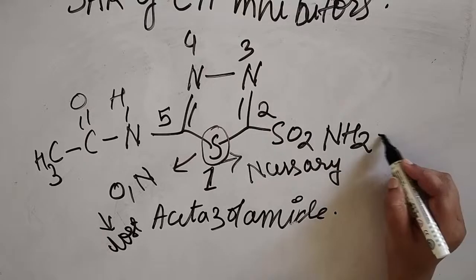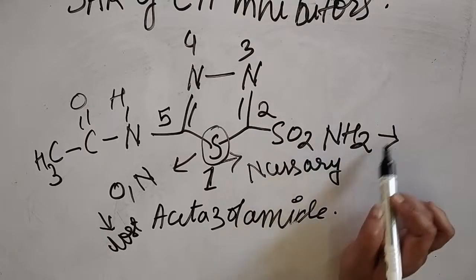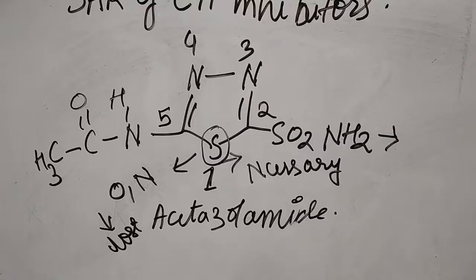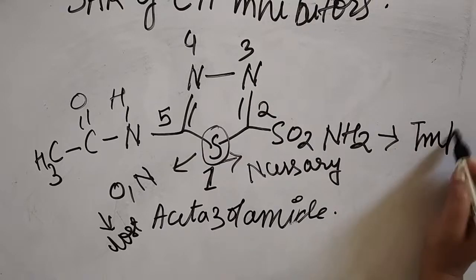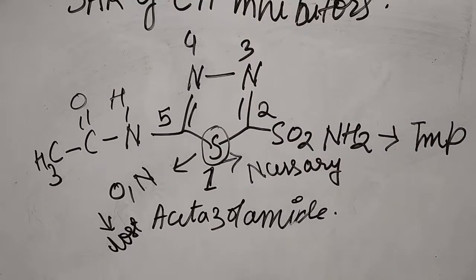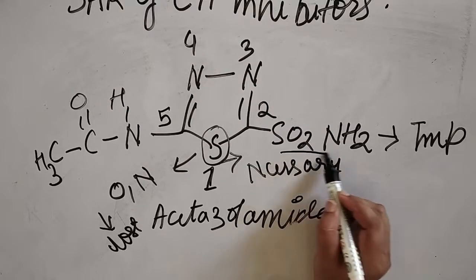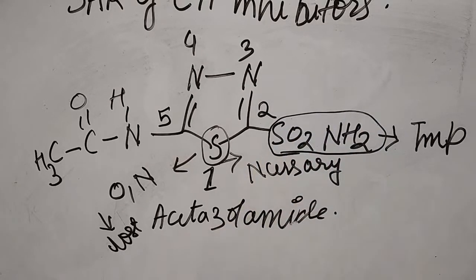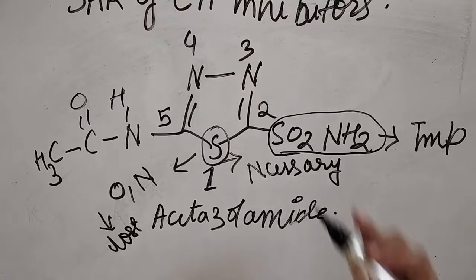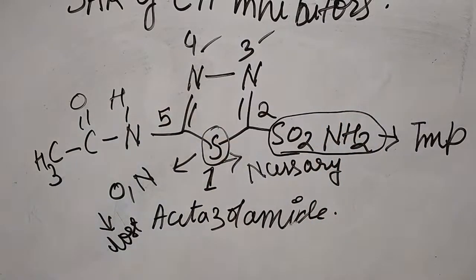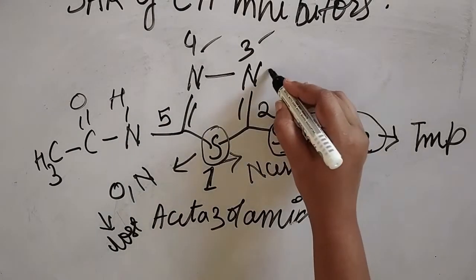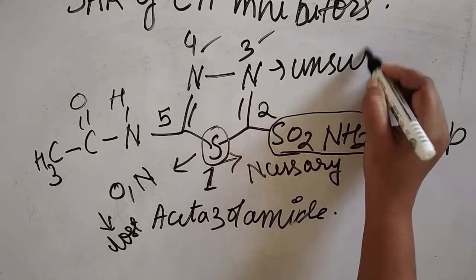Next, the presence of the sulfamoyl group, that is SO2NH2, is important for diuretic activity. If you replace this sulfonamide group, the activity will diminish. So the presence of SO2NH2 at the second position is important. Now at positions third and fourth, the nitrogen must remain unsubstituted.